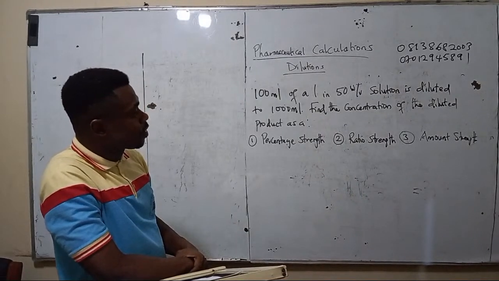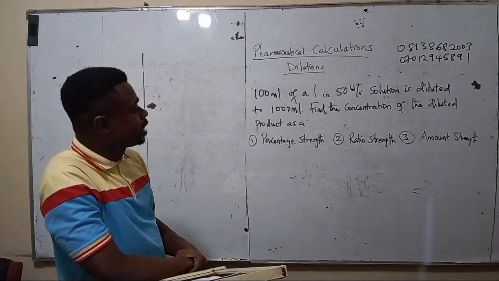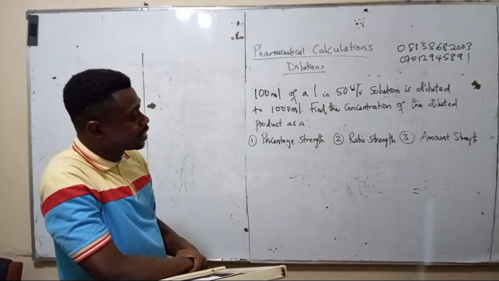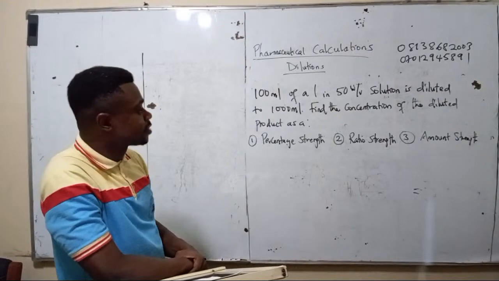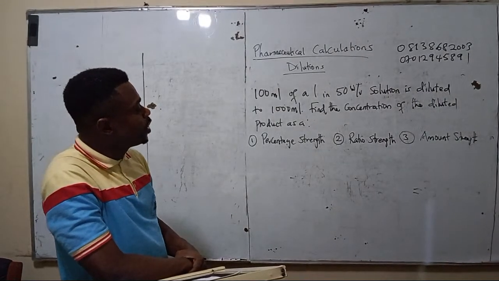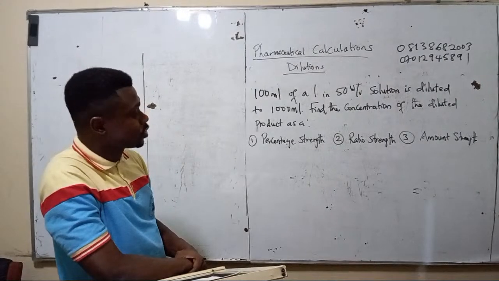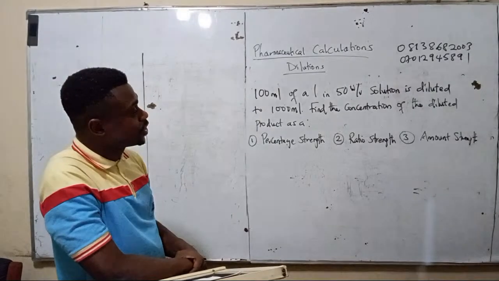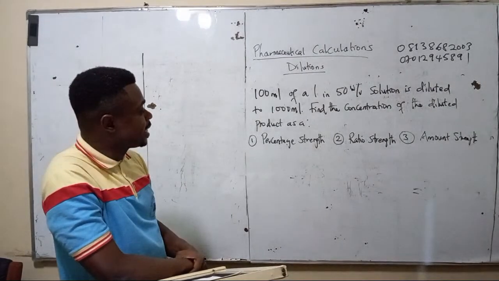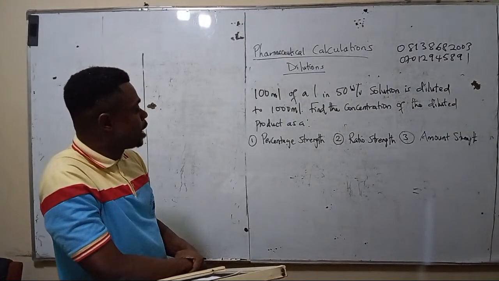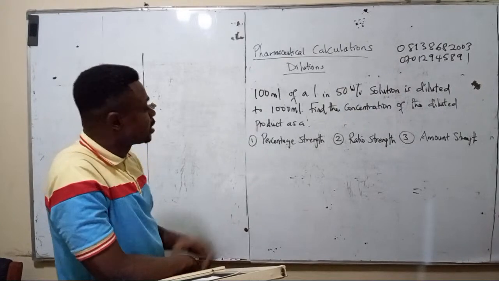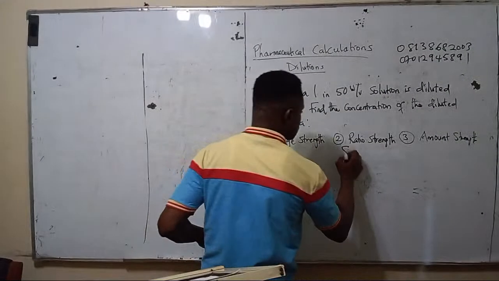Find the concentration of the diluted product as 1. Percentage strength. 2. Ratio strength. 3. Amount strength. Now let's go. Solution.